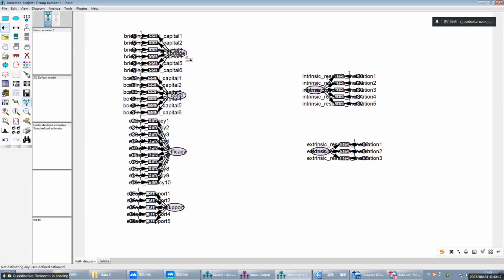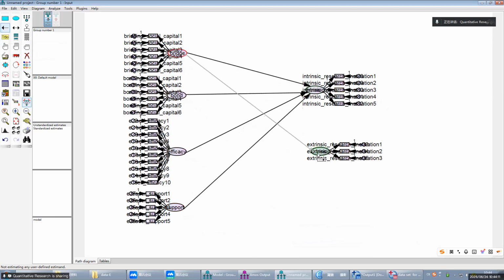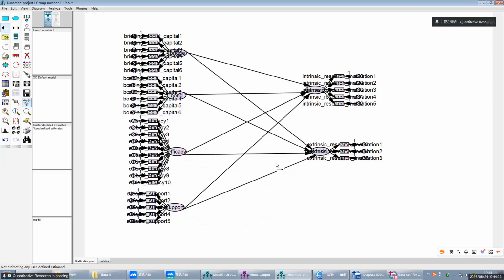Then I draw. So what is a structural model? Structural model contains hypotheses, right? Yeah. So I use these to predict intrinsic. I use these to predict extrinsic. What should I do next? I should add the residue errors.